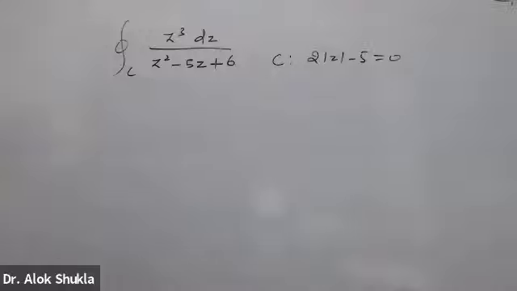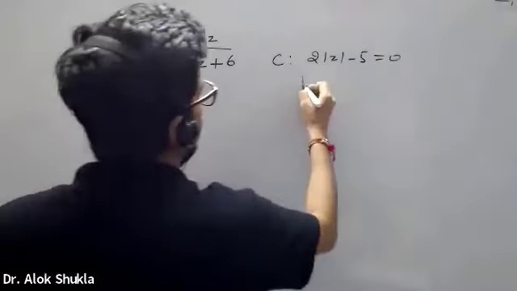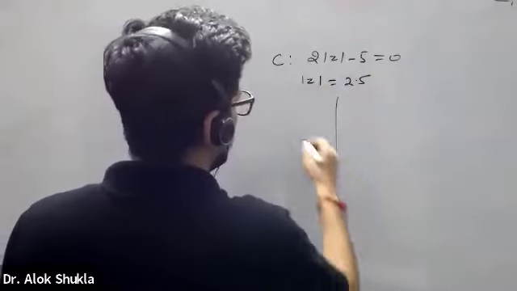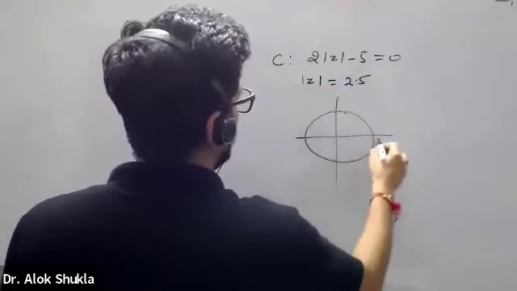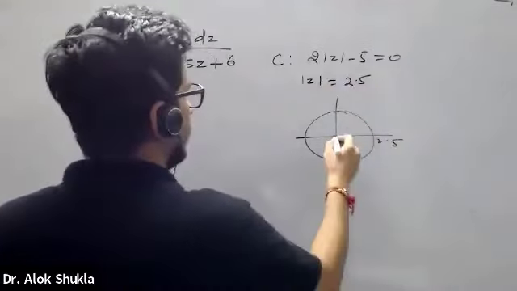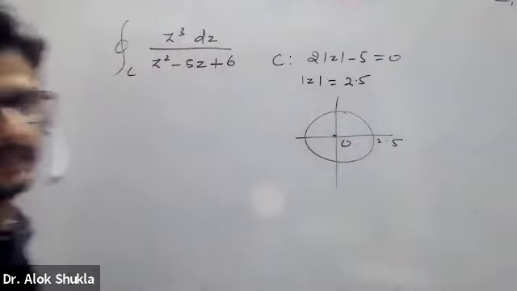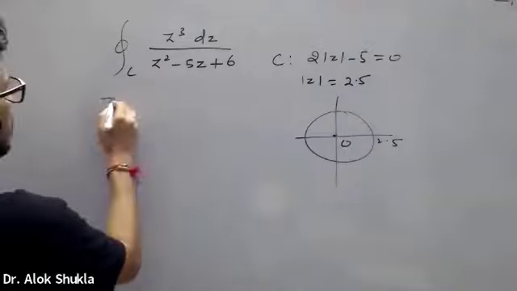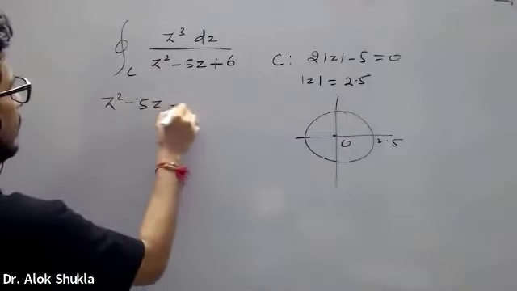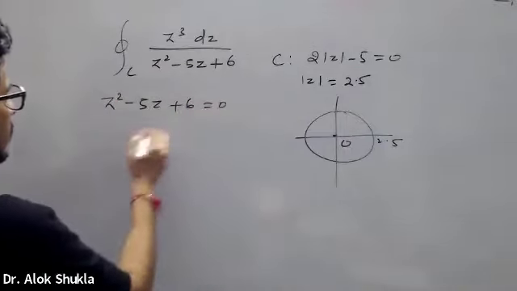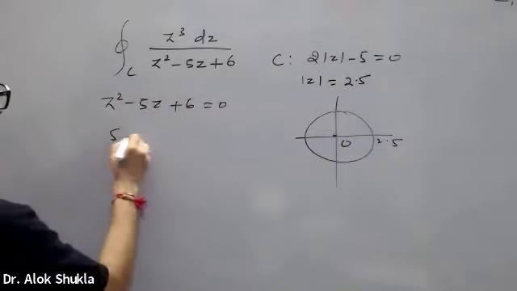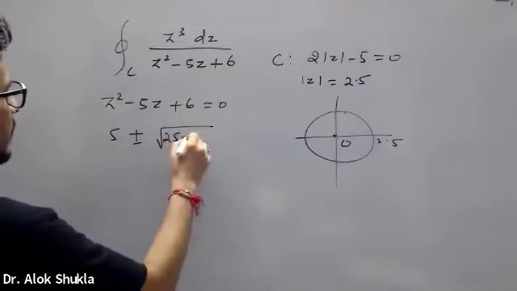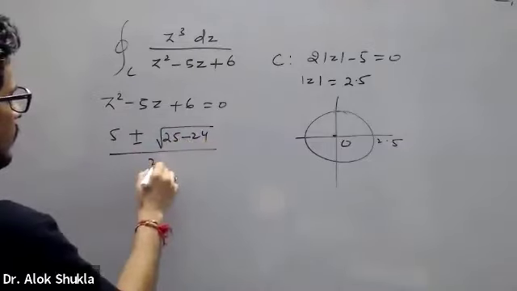Now let me write our contour first. Mod of z is 2.5. This is our contour, so it will look like this: 2.5 here, and this is 0, centered at the origin. And let me write this: z square minus 5z plus 6 is equal to 0. What are the roots? Minus b plus minus under root b square minus 4ac over 2a.